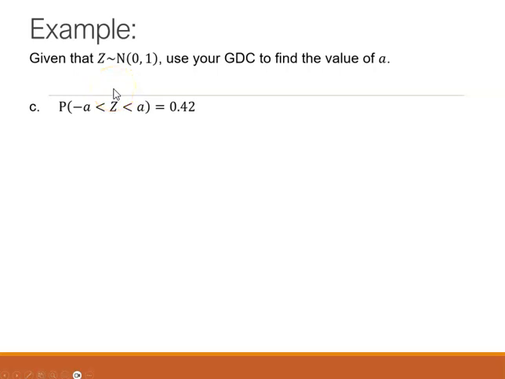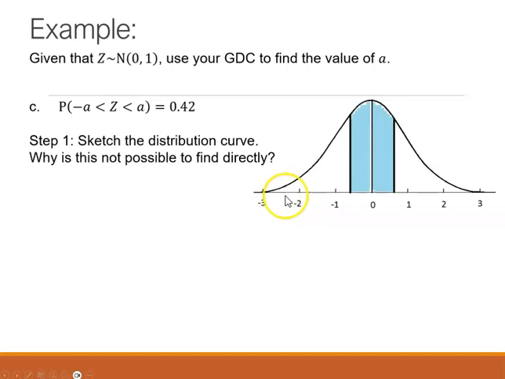What if I want to find the measurement where z is between these two? Again, I'll try to draw a picture. So I just tried to guess that about 42% of my curve was in between those two values. I can't do this directly.